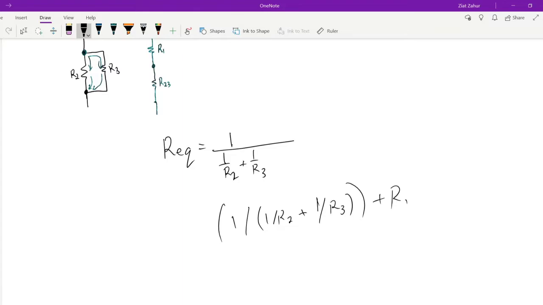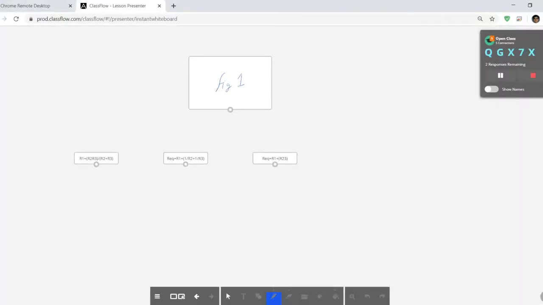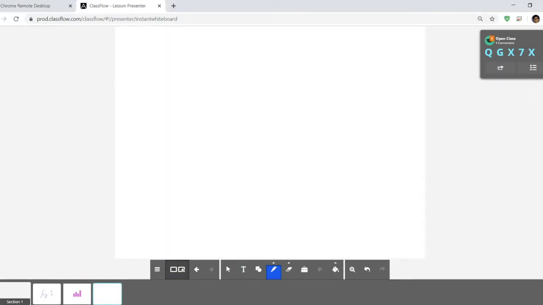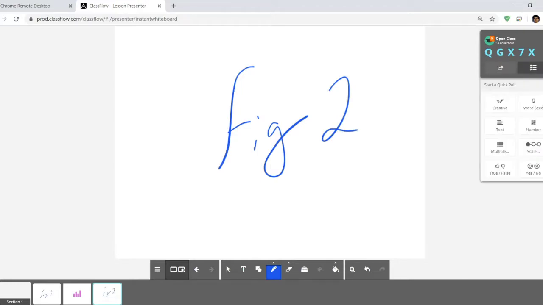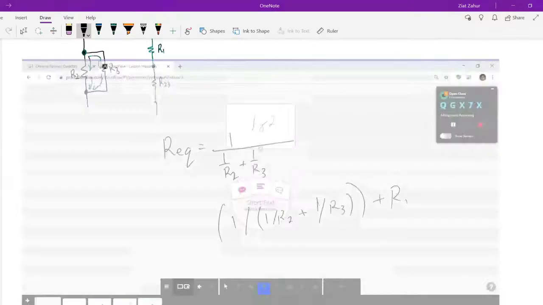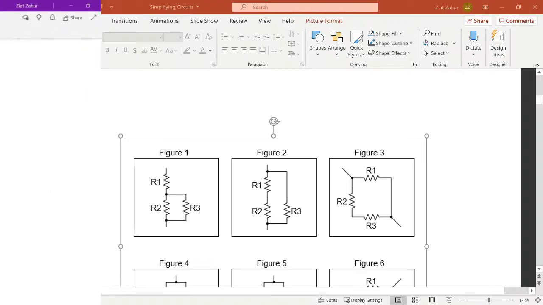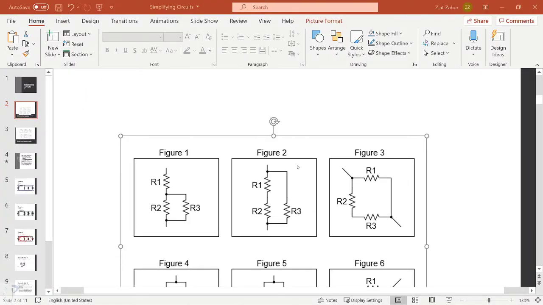So if you did the 1 over 1 over, make sure you have the reciprocal of reciprocals added together. Well, 3 responses. That's all right. We'll skip the first one. Now for the actual question, let's do number 2. In number 2, okay, we have this.